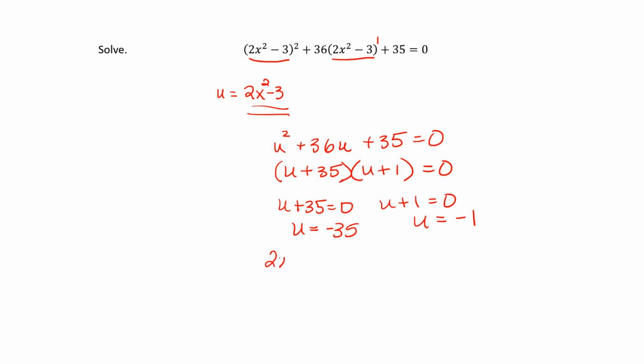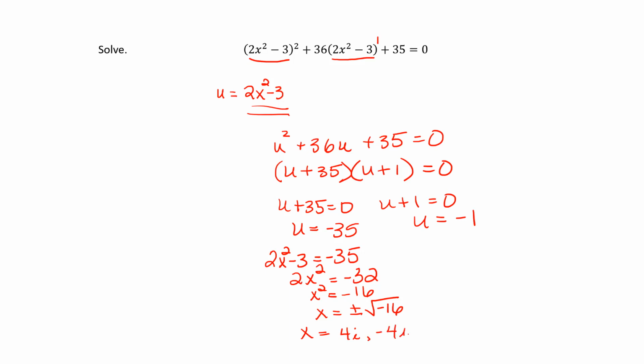U is 2x squared minus 3, and that equals negative 35. So if I add 3 to both sides, I've got 2x squared equals negative 32. And then I'm going to divide both sides by 2, and I'll have x squared equals negative 16. Take the square root on both sides, and x equals plus or minus the square root of negative 16. So x is 4i or negative 4i. So those are two solutions there.